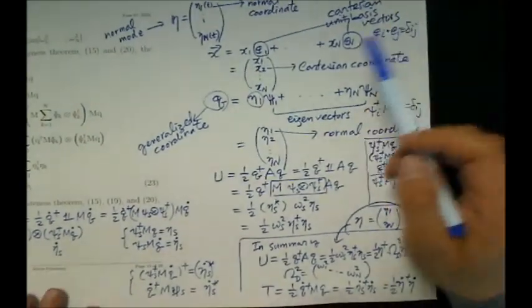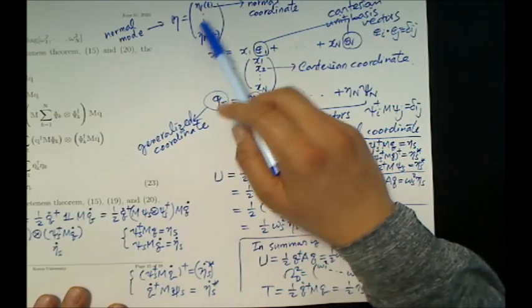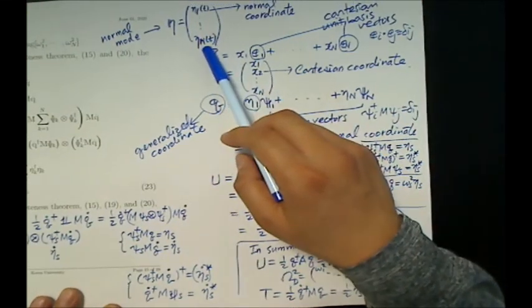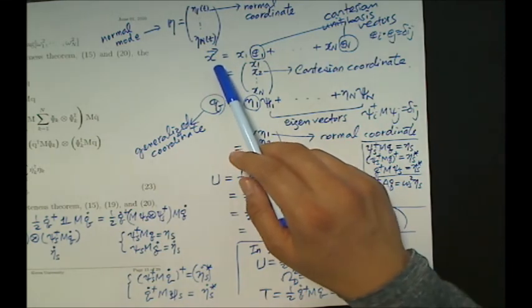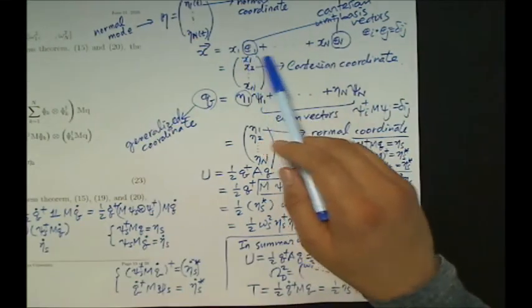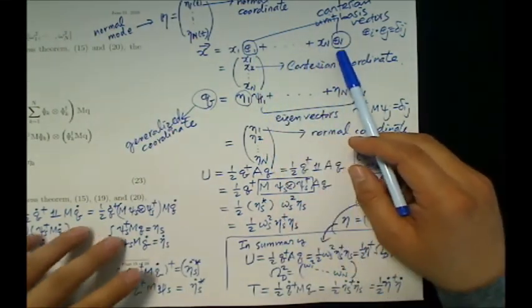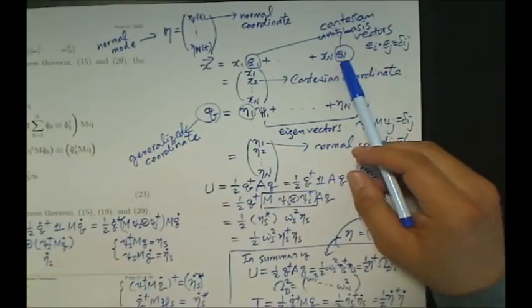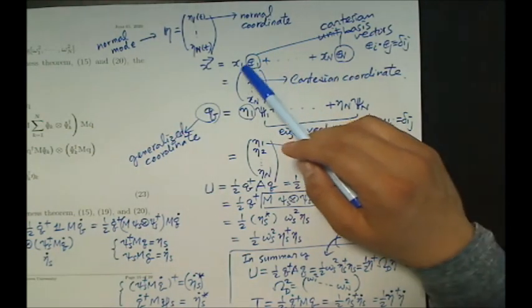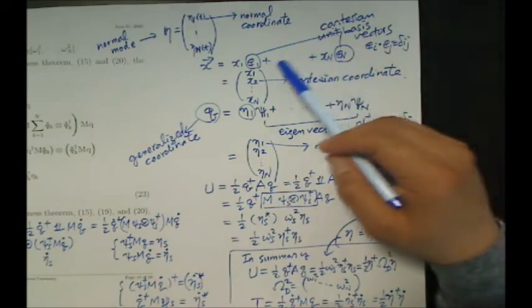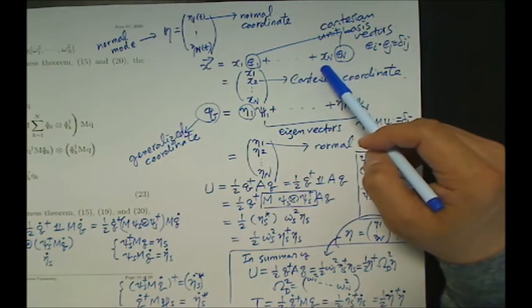In summary, we have normal coordinates whose elements are like that, just like what we do in expanding a Euclidean vector as a linear combination of unit Cartesian vectors e1 to en, and we call the coefficients the coordinates.